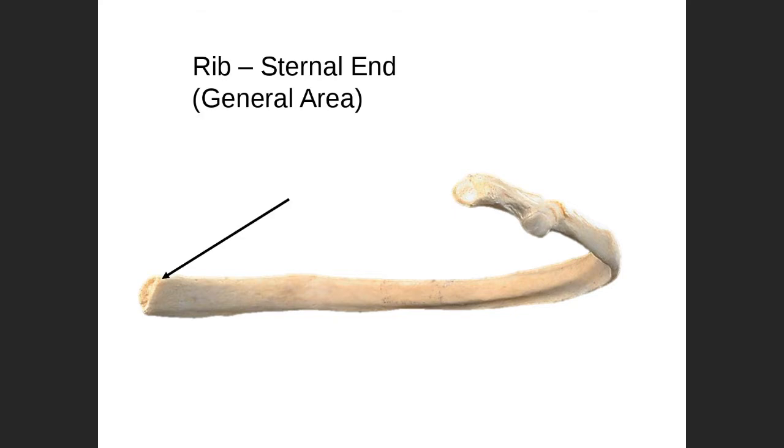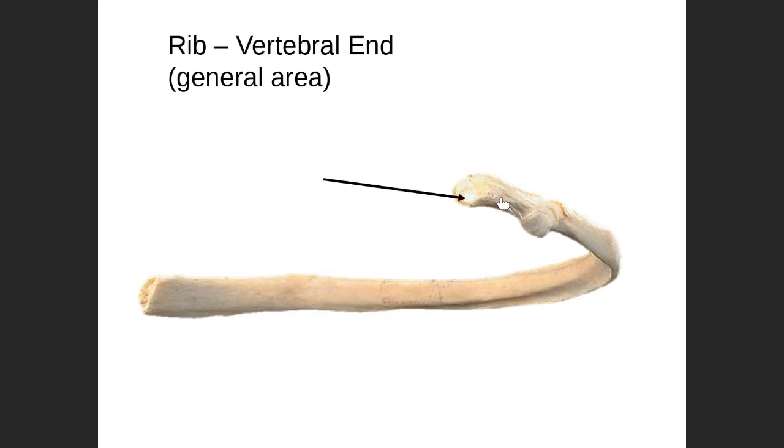So the end that's more flat, where the cartilage will be, that's the sternal end. I can almost guarantee you'll have a question on this. Don't put rib. It'll ask you, what end is this? And then at the other end, where all the stuff is, this knobby structure, that's the vertebral end, right here.